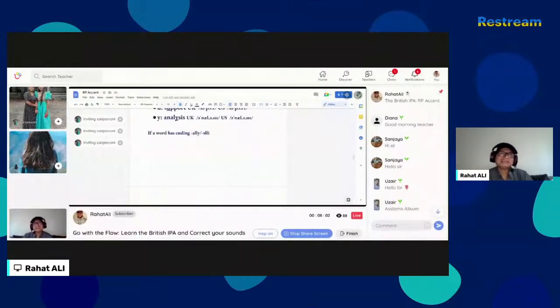Whatever the words are, if there are, say, 20,000 words, these 20,000 words have the short sound. For instance, this word, most of the time people pronounce it wrongly. No. Remember, because of the short sound in A-L-L-Y, it should be basically.